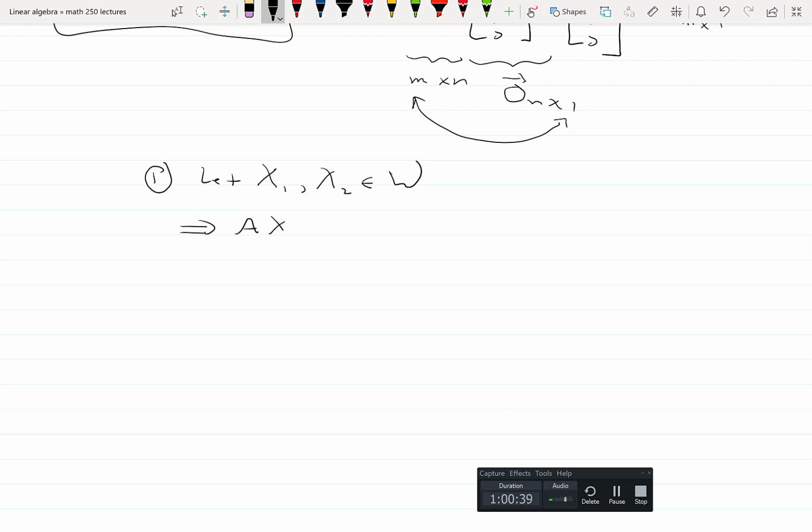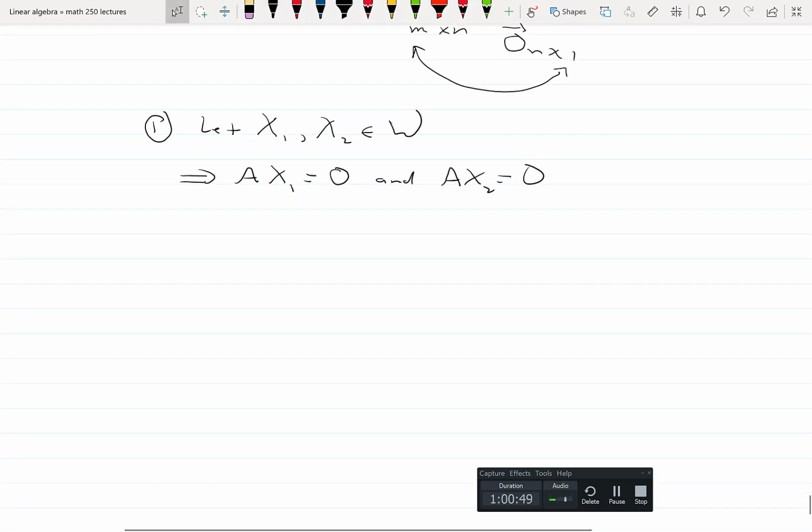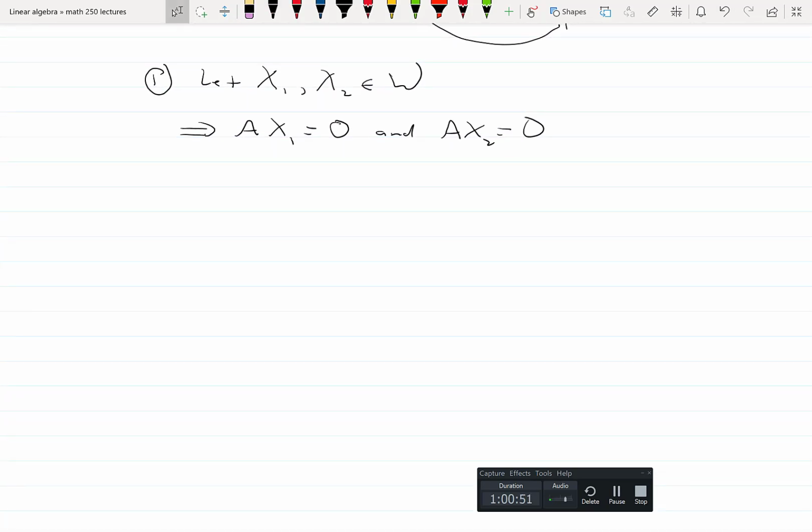That implies that Ax1 is 0 and Ax2 is 0. Remember, W consists of all the solutions to a homogeneous system. I'm picking two solutions from there. I need to show that x1 plus x2 is in there. Well, let's see what multiplication of x1 plus x2 by A yields.